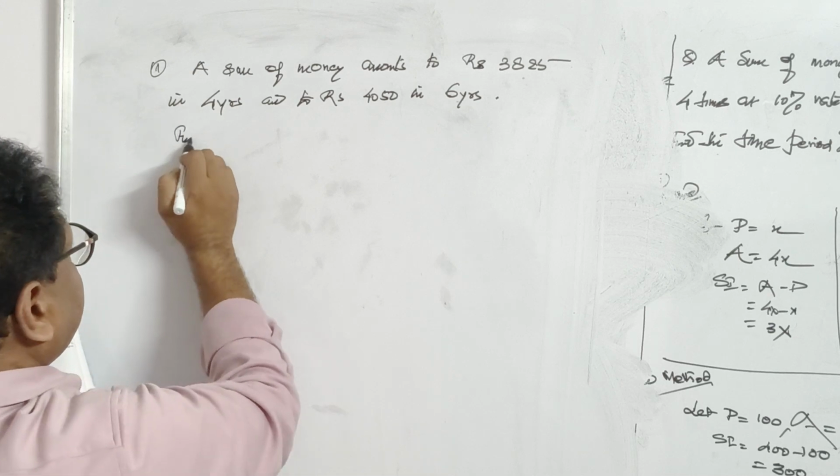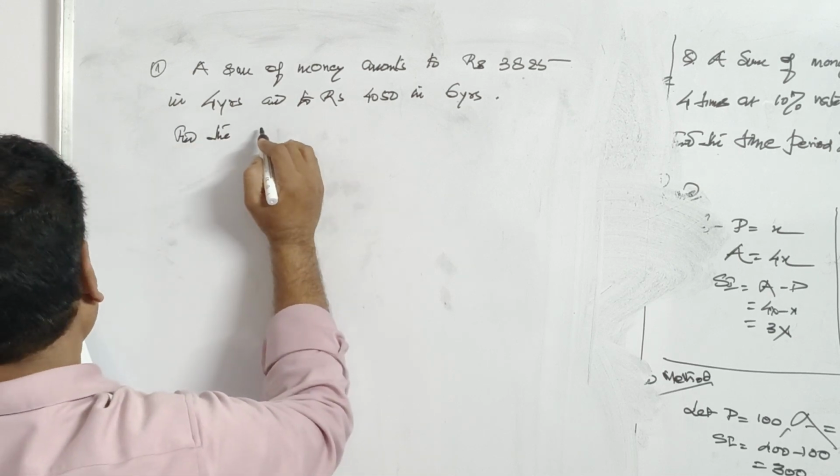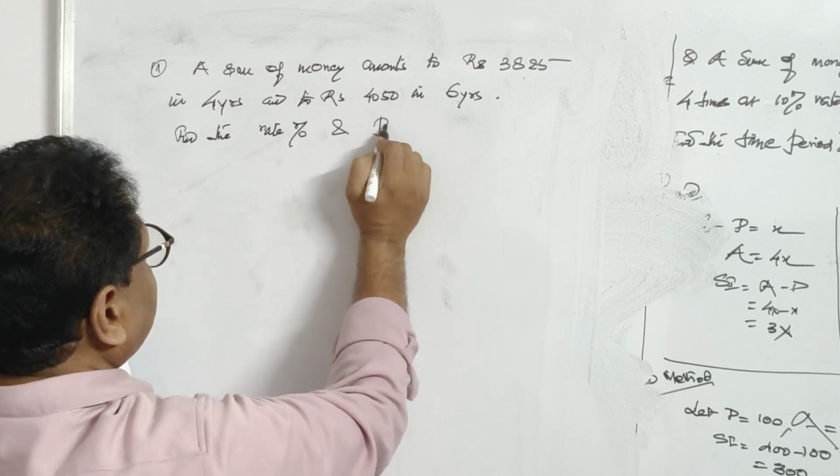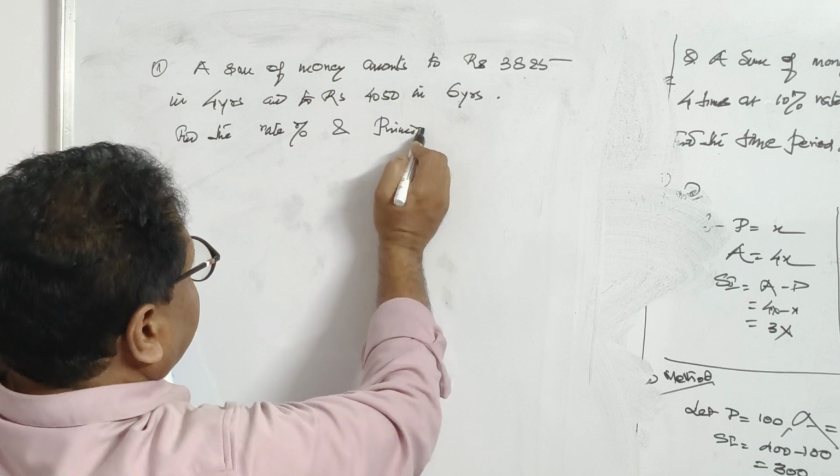You have to find the rate percent and the sum of money, that is the principal.